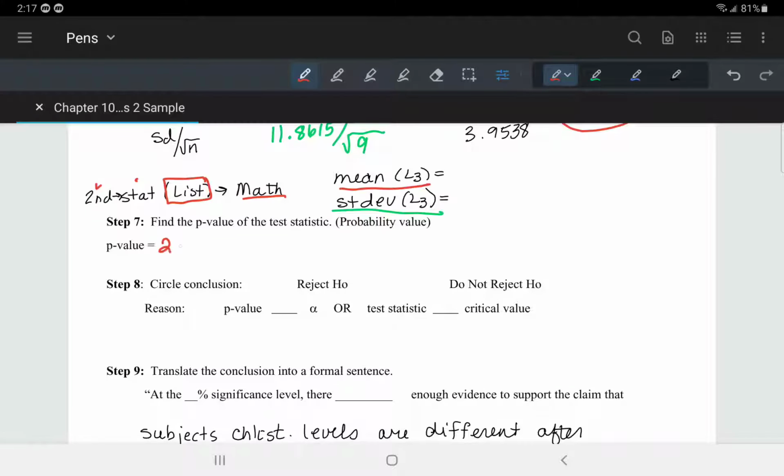You can either calculate 2 times the probability that t is less than negative 2.73. That's the same thing as 2 times the probability that t is greater than 2.73. And when you put this in your calculator, you should get 2 times 0.0129, or our p-value would be 0.0258.